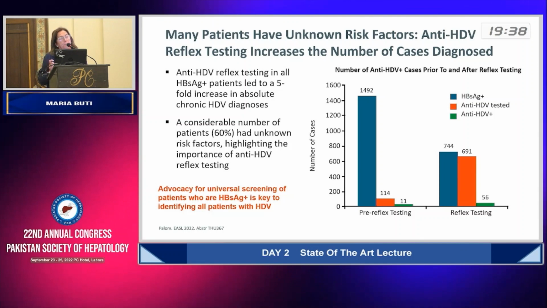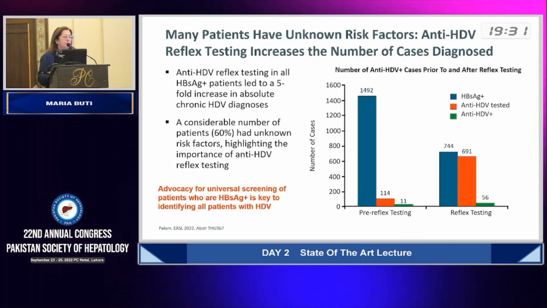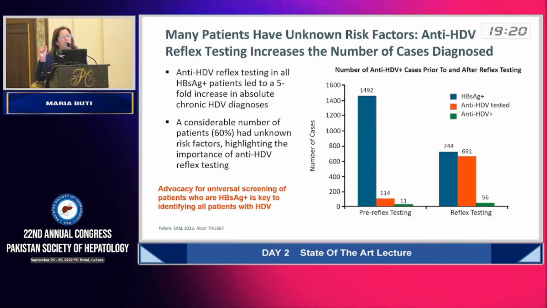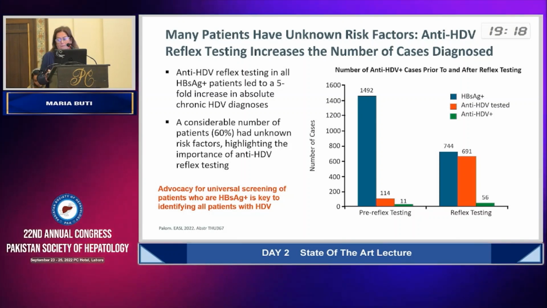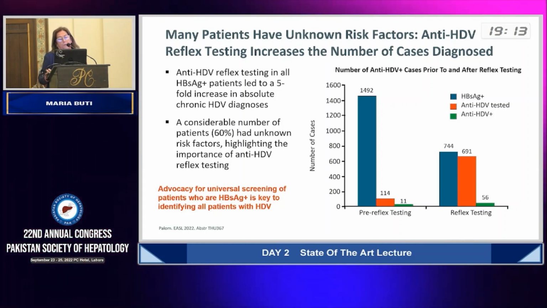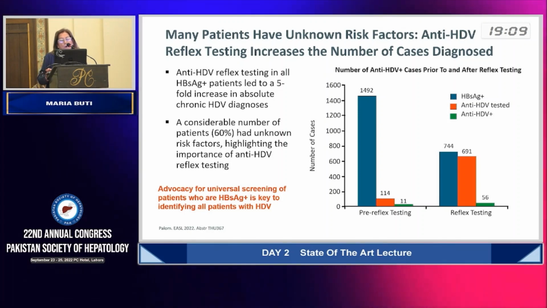What is really important of this study is that 60% of the anti-delta positive individuals didn't have any risk factor. So if you screen by risk factors, you are not going to diagnose this 60% of people without any type of risk factor. And our results advocate for universal screening of patients who are HBs antigen positive at least once.